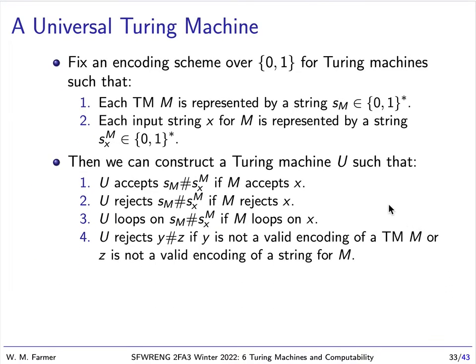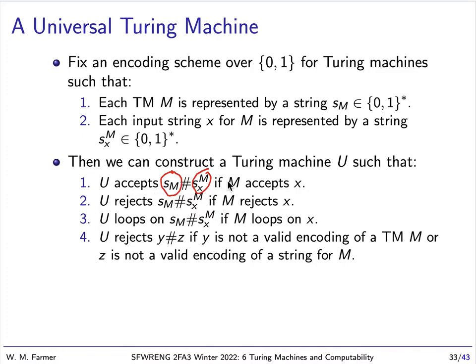And then we can construct a Turing machine U, for universal, such that U accepts this string. So this represents a Turing machine. This represents an input to a Turing machine, and there's a special symbol to separate the two.